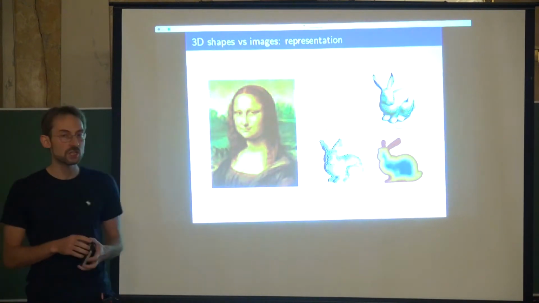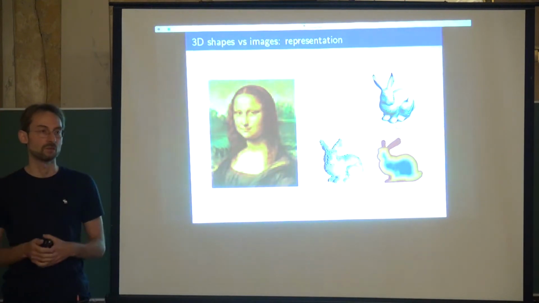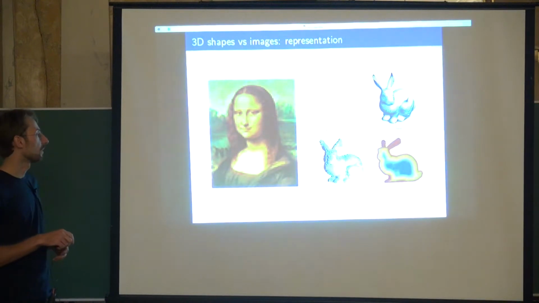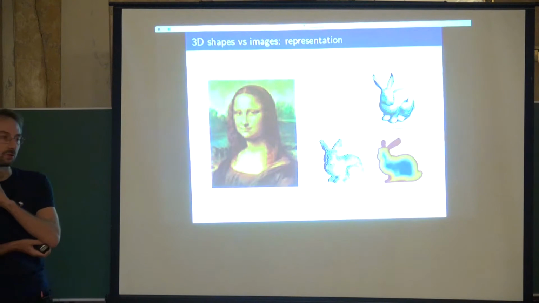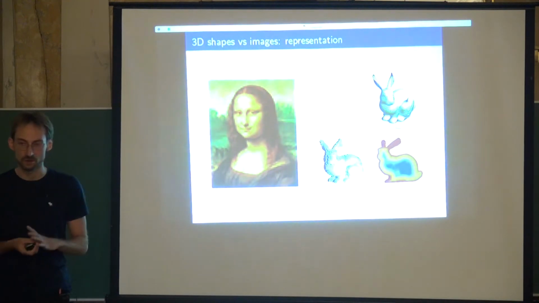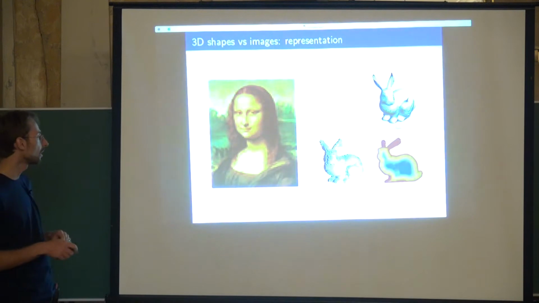In the case of 3D shapes, it's not necessarily so. In many applications, depending on what kind of data you are dealing with, you might have your 3D data represented as point clouds, for example. This is what usually comes out of structure from motion algorithms in computer vision. It might be a mesh. This is what people in computer graphics love, working with triangular meshes or quad meshes, and so on.